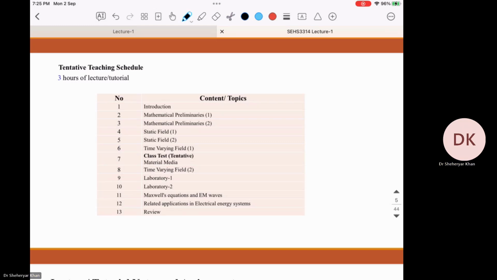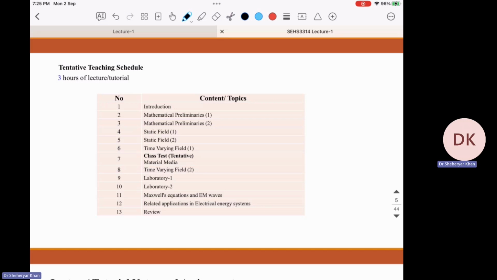Now, after this story finishes, we look at the time varying fields. That's going to be very, very interesting. Time varying means something that goes up and down, what we call sinusoidal, or in your language, AC waveform, alternating current, right? We have daily applications of AC outlets, right?